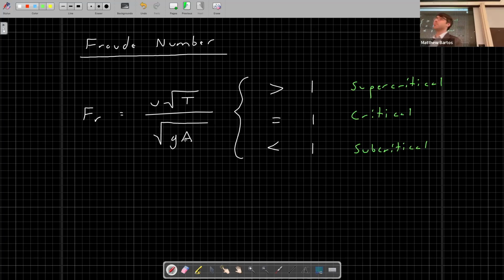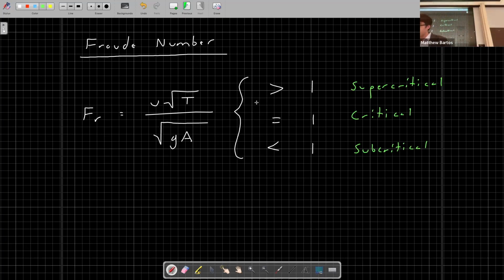If it's supercritical, more of that energy is going to be in the velocity component. So a larger numerator means more positive. Just remember that higher velocity corresponds to supercritical, higher depth corresponds to subcritical.